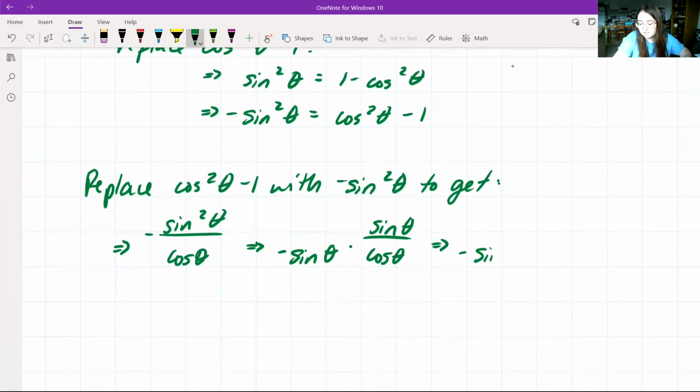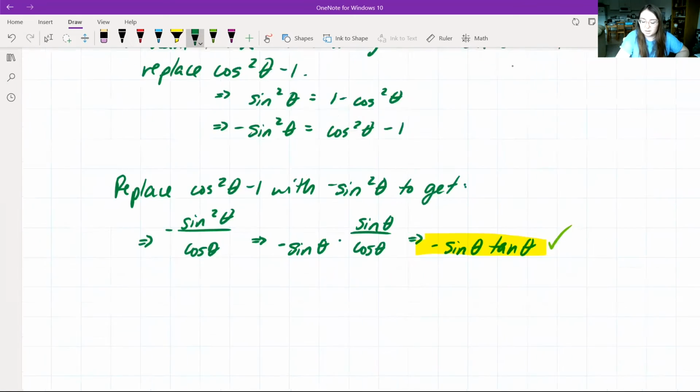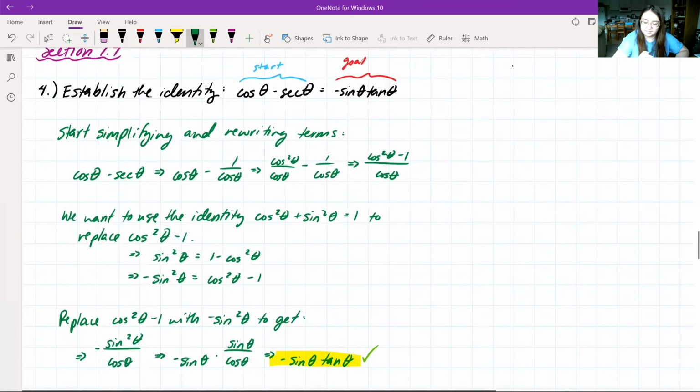And this would give us negative sine of theta times tangent of theta. And that establishes our identity.